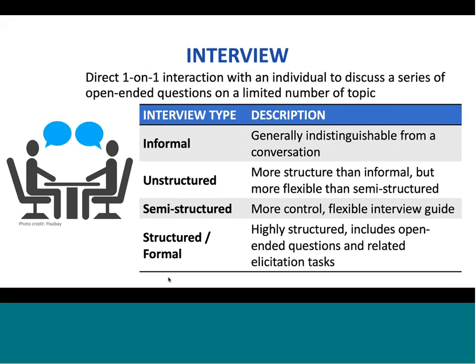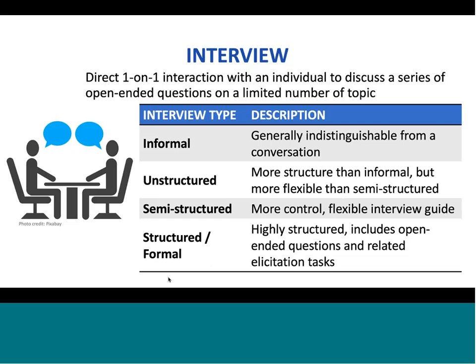The least structured type of interview is an informal interview. This is generally really not distinguishable from a conversation. There's not necessarily any preordained or predetermined direction that the interview will take from the onset.